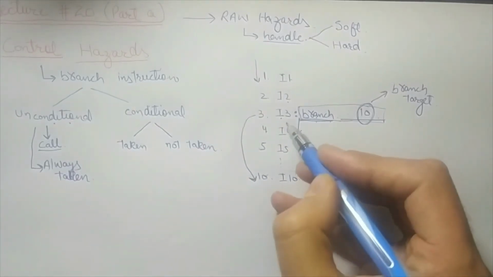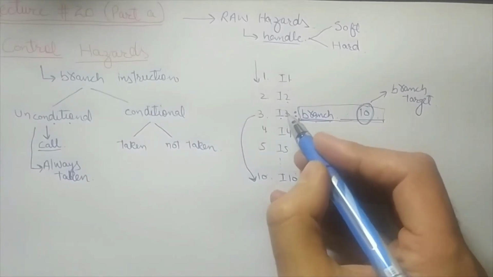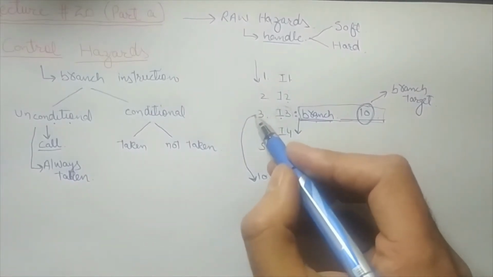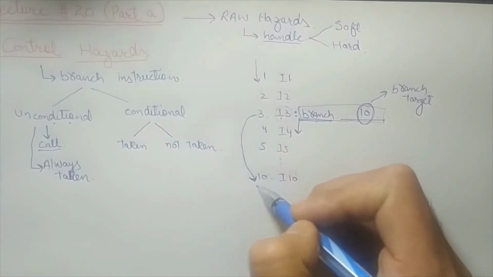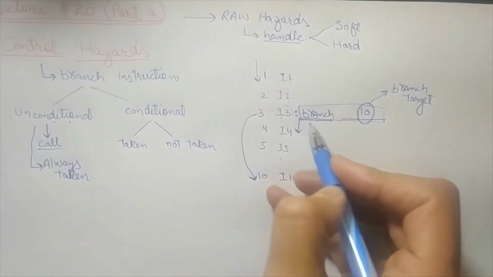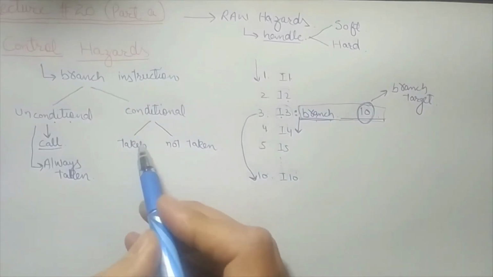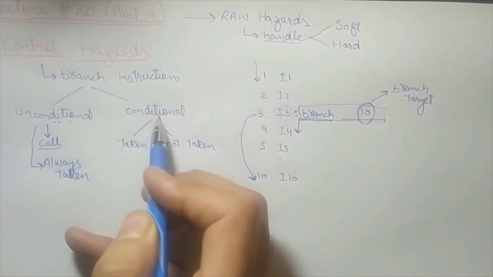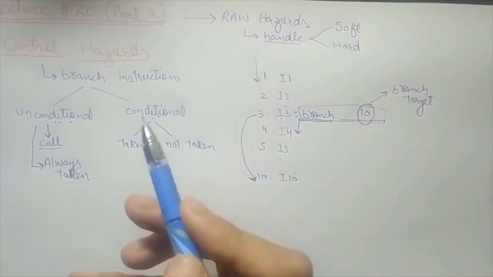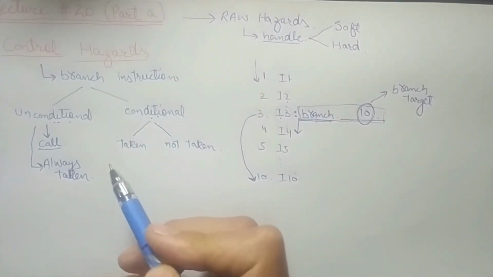That means we are not executing instructions one after another, but we execute one instruction, and after that we execute some other instruction lying some addresses ahead. As I said, a branch can be an unconditional branch or a conditional branch.